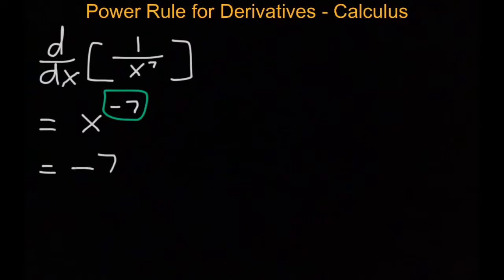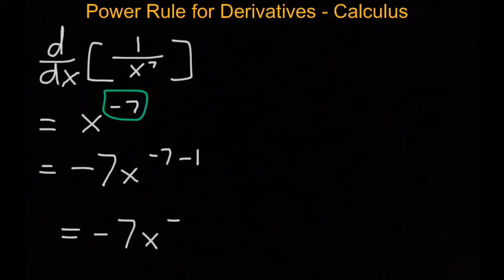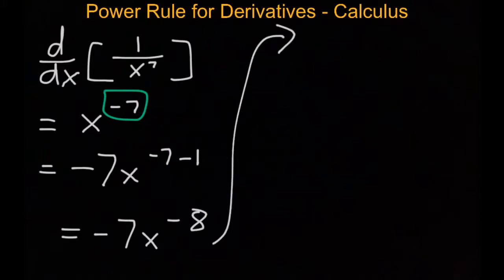So we get negative 7 times x to the power of negative 7 minus 1. Negative 7x to the power of negative 7 minus 1 is negative 7x to the power of negative 8. Now, let's bring x to the bottom. So we get negative 7 over x to the power of 8. And that is our answer.